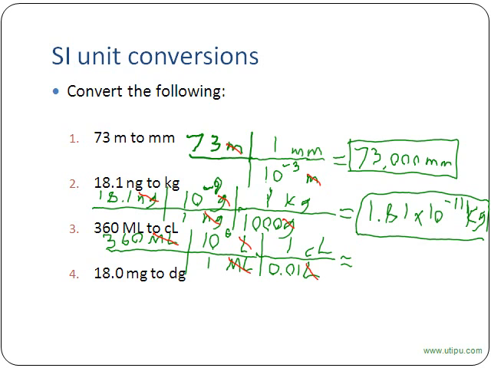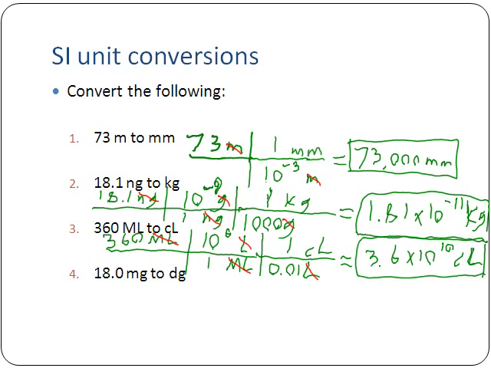We say 360 times 10 to the 6th power times 1 divided by 1 divided by 0.01. And so doing that, we end up with an answer of 3.6 times 10 to the 10th centiliters. And so that's what we get for our answer.